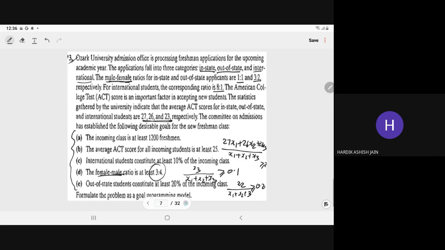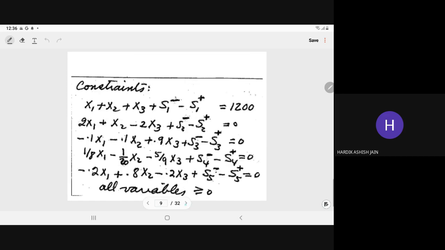So when we solve, you will get x1 plus x2 plus x3 greater than or equal to 1200, 2x1 plus x2 minus 2x3 greater than or equal to 0, minus 0.1 x1 minus 0.1 x2 plus 0.9 x3 greater than or equal to 0, minus 1/8 x1 minus 1/20 x2 minus 5/9 x3 greater than or equal to 0, and minus 0.2 x1 plus 0.8 x2 minus 0.2 x3 greater than or equal to 0.